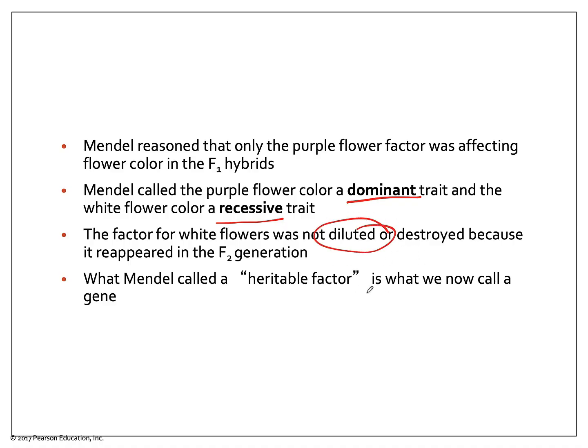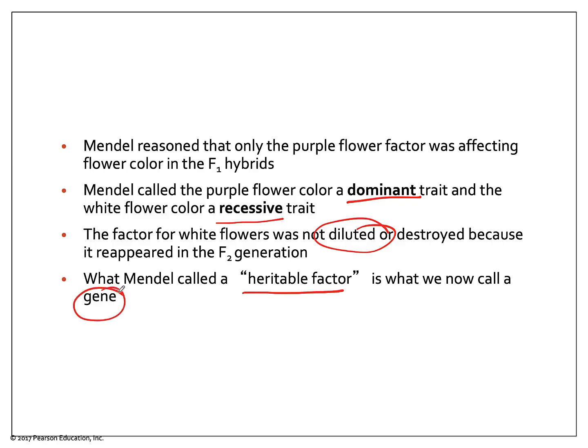The white flowers came back as fully white flowers. So it was either purple or white. There was no mixing or blending or dilution of these traits. So Mendel decided that there must be some heritable factor that delivered the trait either in its entirety or not at all. And so what he was considering a heritable factor is now what we call a gene.